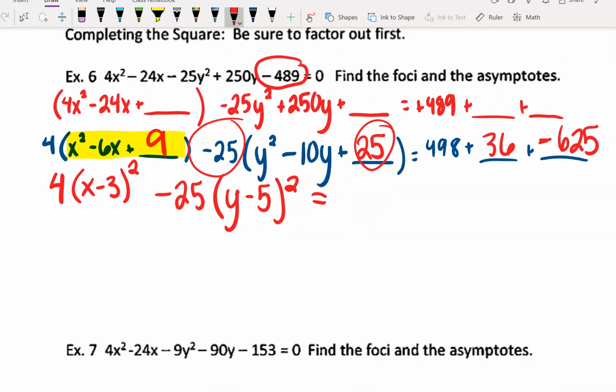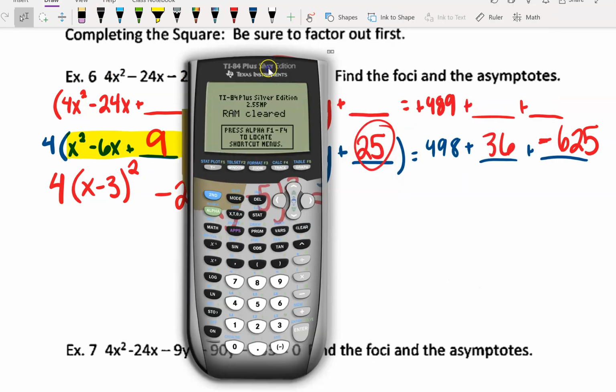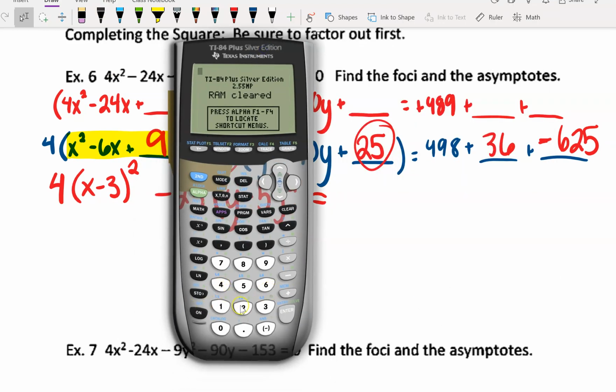Equals, and then we're going to combine 498, let's see, 498 plus 36 minus 625, and that gives us -91 on that side.